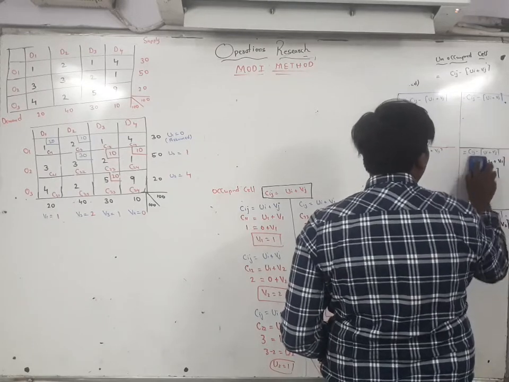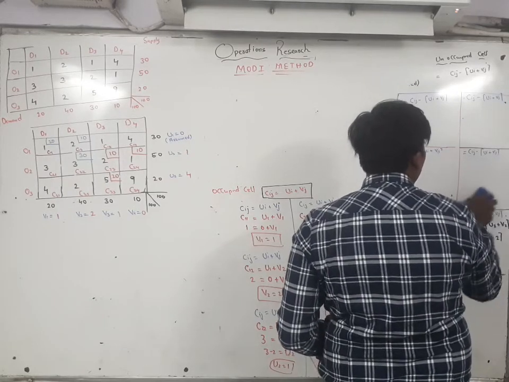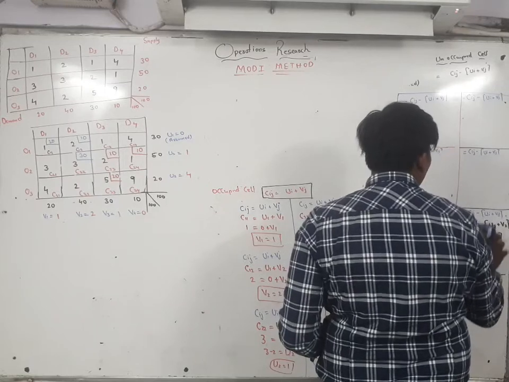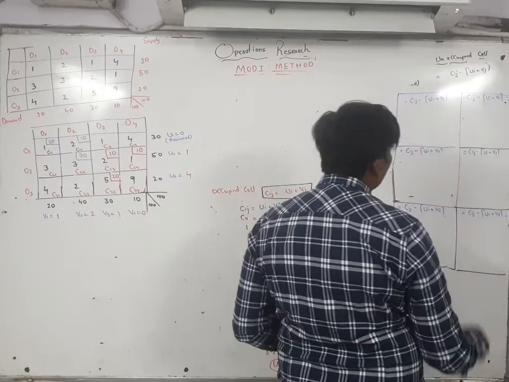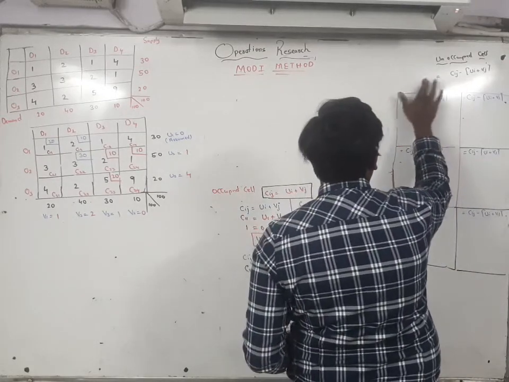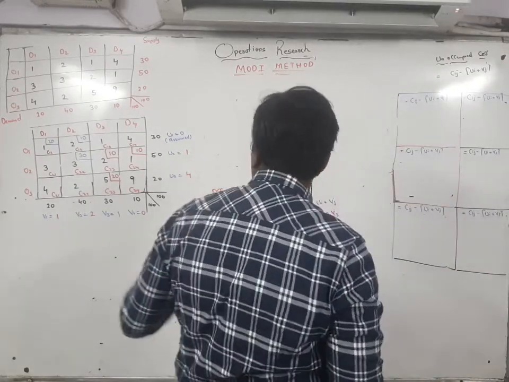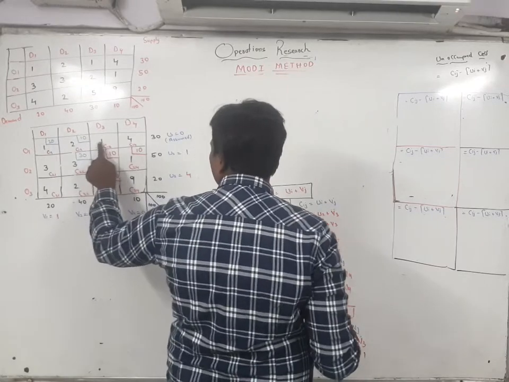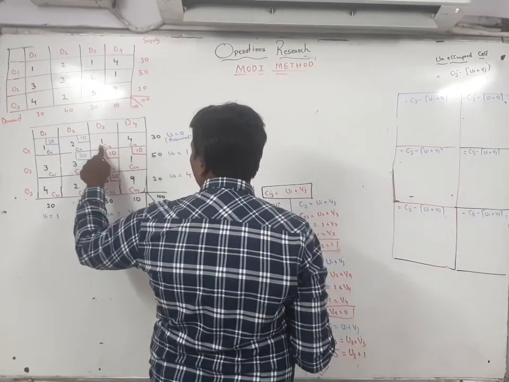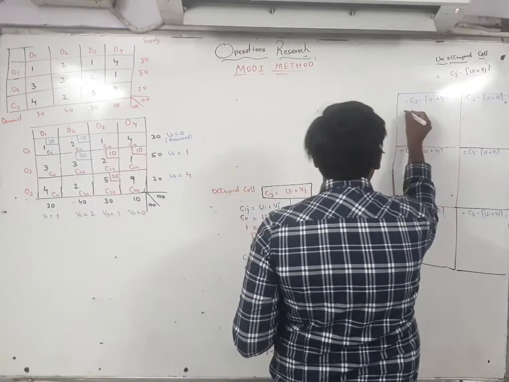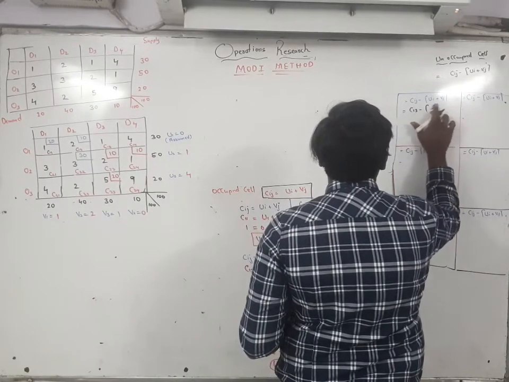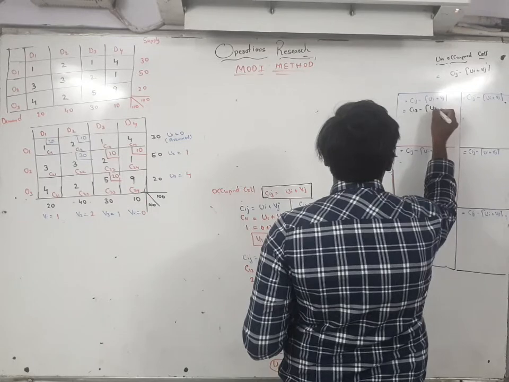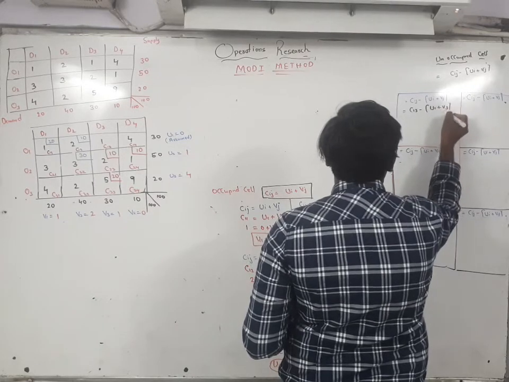This one also, and this one also, and this one also. So here for the unoccupied cell, first unoccupied, what is the cell number? C13. So I will write here C13 minus U1 minus V3.